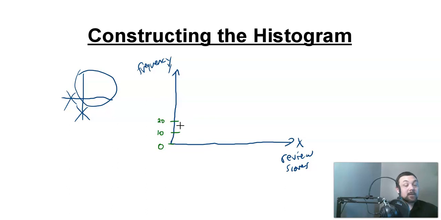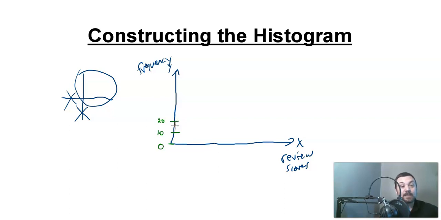Now, for this graph to look proper, this scale that I'm using has to be consistent. I can't go 10, 20, 50, 60. I can't skip like that. So if I'm going to go by tens, it has to be tens all the way through. And the distance between each mark should stay the same.